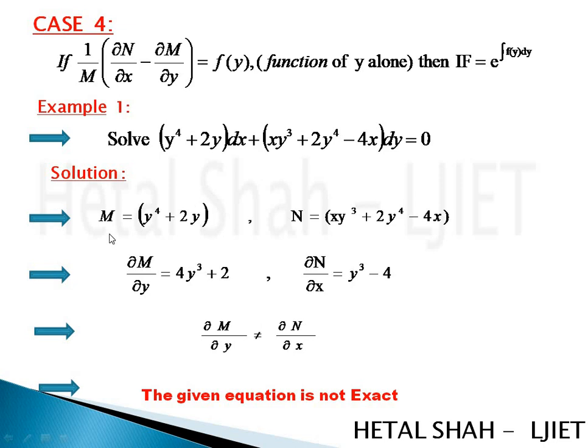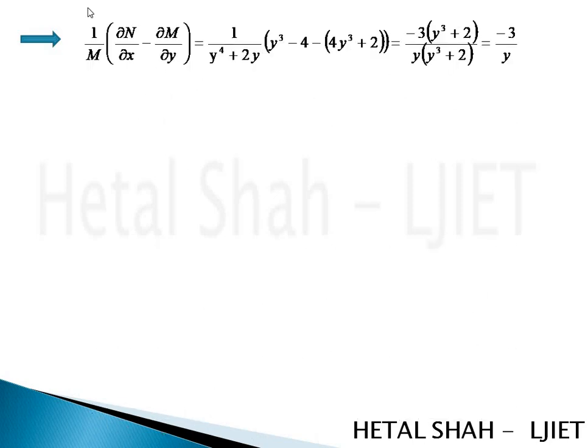Students, here m has two terms and n has three terms. So it is advisable to apply case 4, and let's check case 4 is applicable or not. For that, let's check 1 upon m, del n by del x minus del m by del y. 1 upon m is 1 upon y raised to 4 plus 2y.